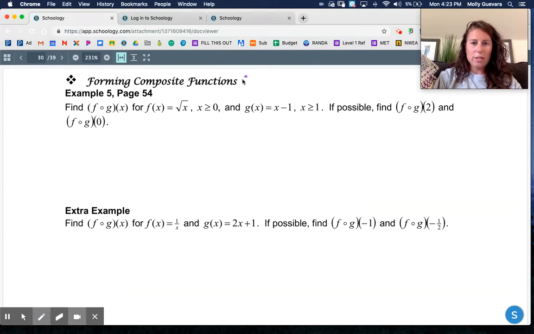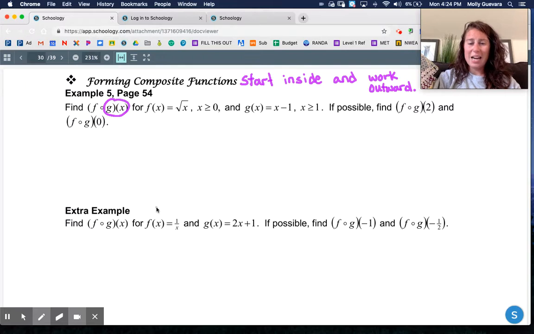So the trick here is to start inside and work outward, meaning whatever function is written most on the inside, that's what you're going to look at first.